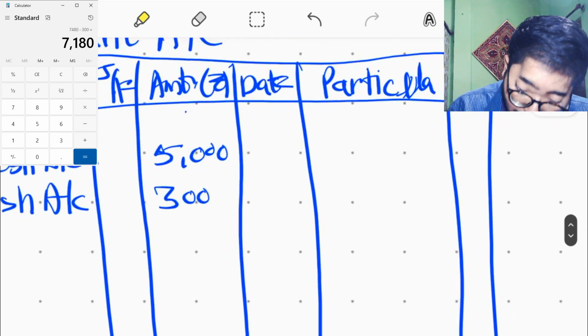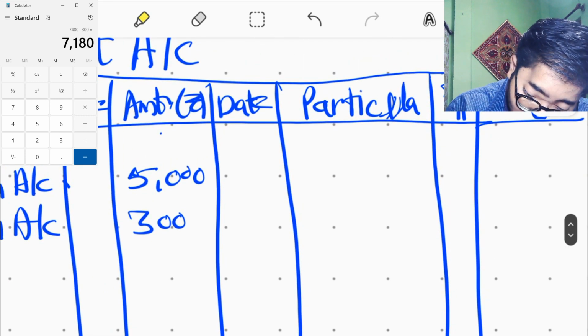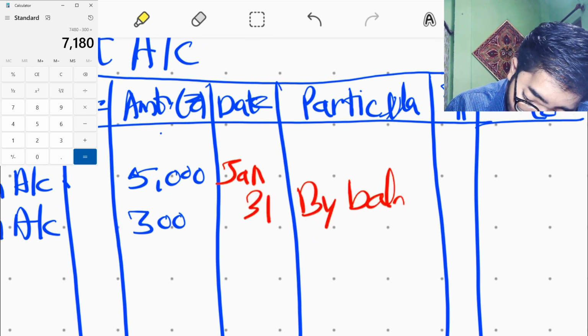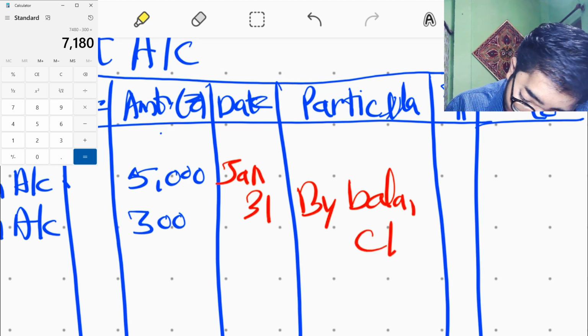Plant account. Plant account carries a closing balance. Why? Because it is transferred to the balance sheet. So to balance c/d is 5,300 rupees.